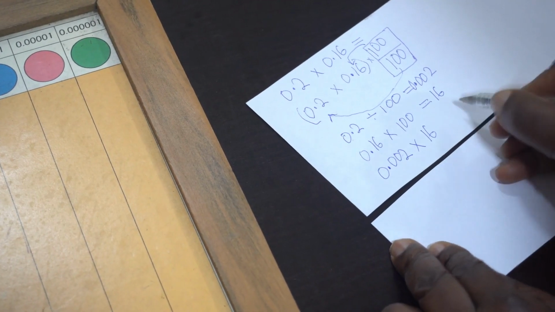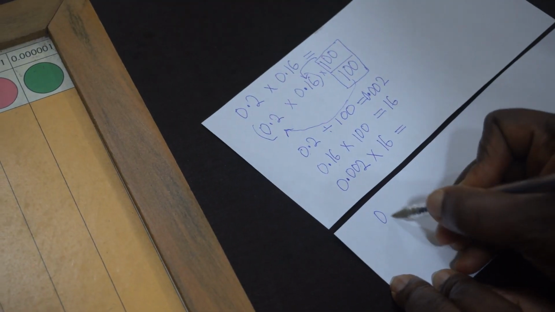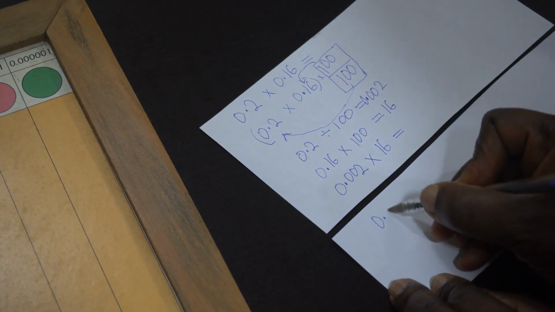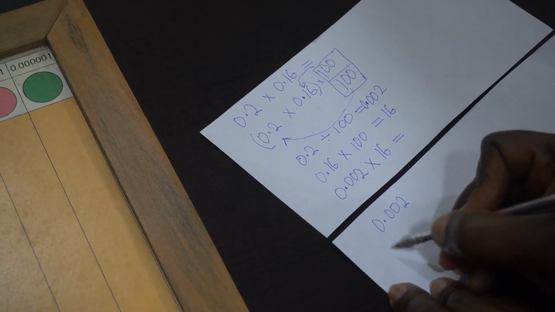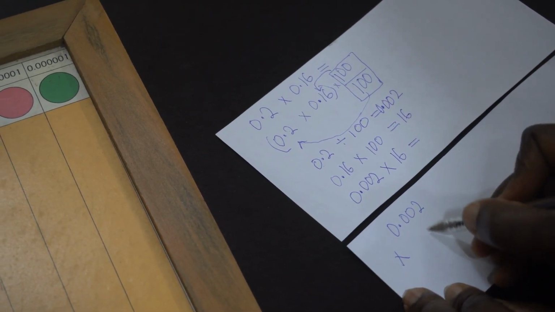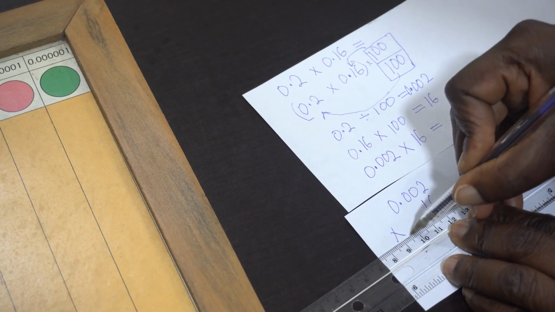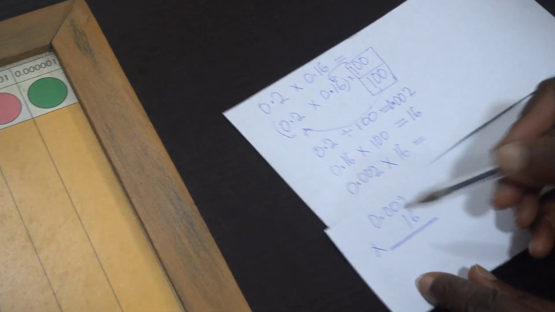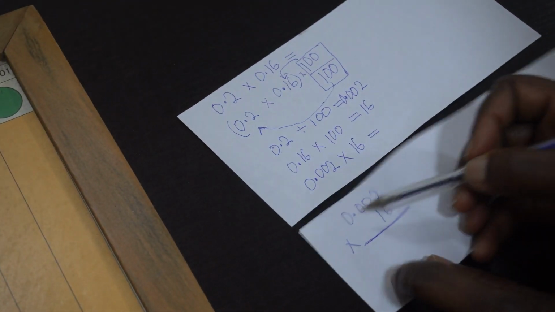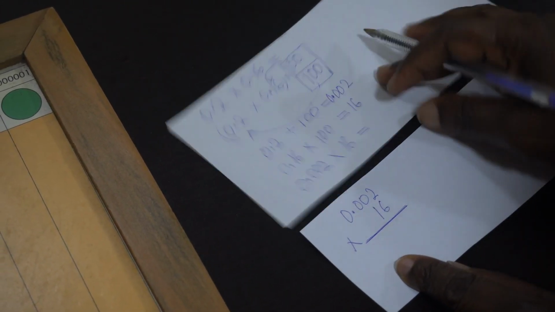So let's rewrite our problem vertically. We have 2,000 multiply this by 16. So we have rewritten our problem as 2,000 multiplied by 16.